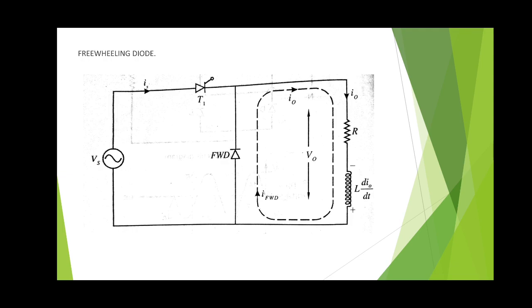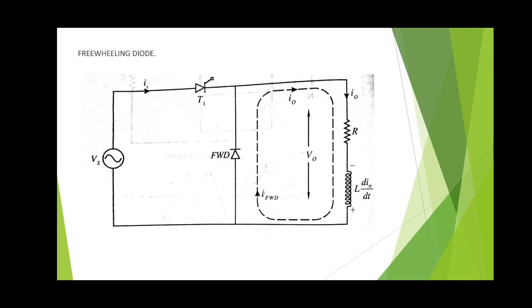So during the negative half cycle T1 is not going to conduct, which means whatever energy the inductance has, and the back EMF of the inductor, will make the freewheeling diode forward biased and it will start conducting. The output current circulates through the freewheeling diode and load, and there is continuously a load current. This process is called freewheeling.